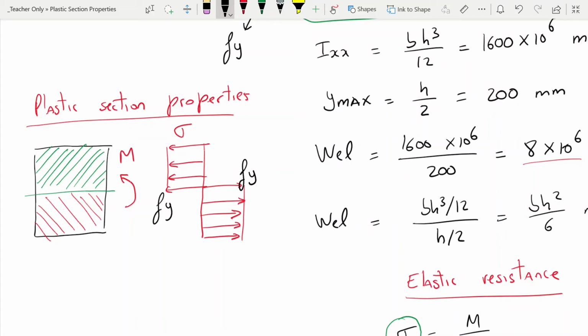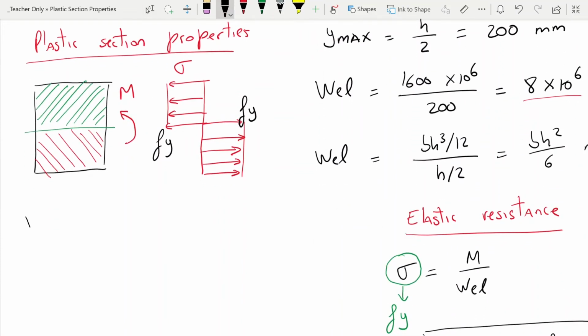So only when we get to this stage, we are going to get the entire section plastifying, and only here we're going to find the real final ultimate resistance of the section. So how do we calculate this? For this we need to calculate the plastic section modulus, and this is done by integrating these forces. So the compression force here, let's call this one Fc, and the integration of the tension forces here, let's call this Ft.